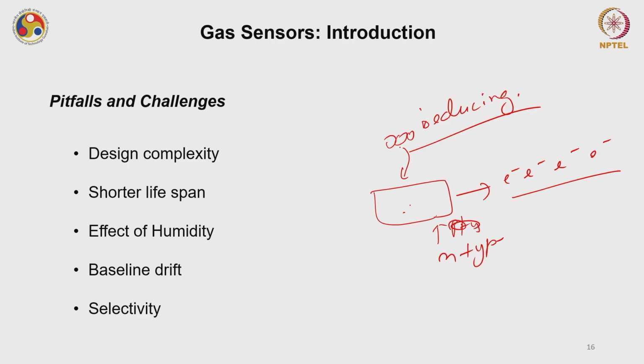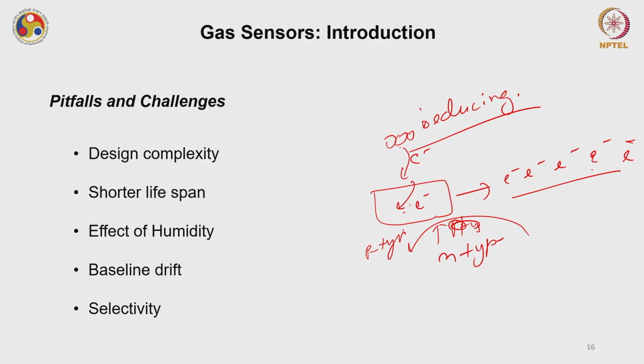Now this is a reducing gas, so it will donate electrons to this film. Initially, say there were 4 electrons in this film. Now this has donated another electron, so now I have a total of 5 electrons in this n-type film. Because of this, the conductance of this film will increase, or the resistance of the film is decreasing, and you can think of just the opposite in case of a p-type material.